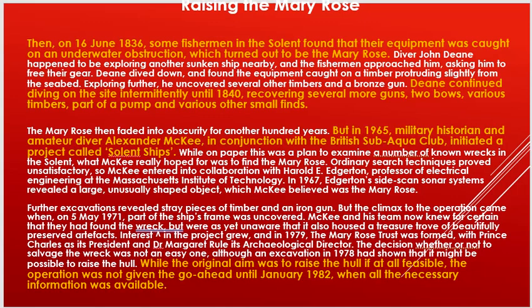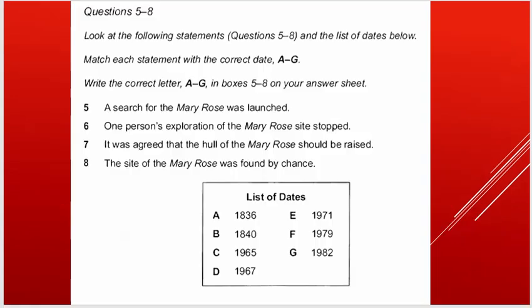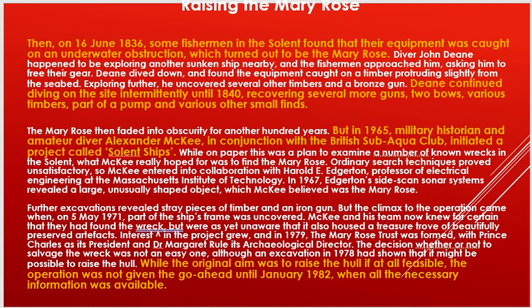Now this corresponds to which question here? Yes, can you find that the answer for the 6th question is that one person's exploration. Now who is that one person? Dean. So his exploration continued till, and it stopped. When did it stop? Let's go back and find: until 1840.